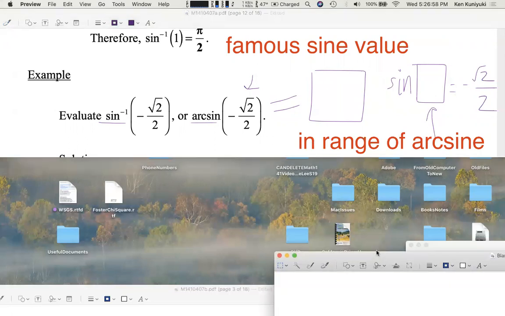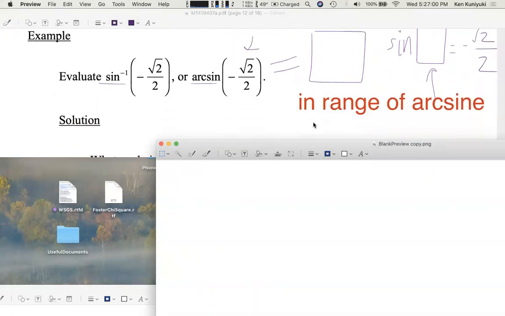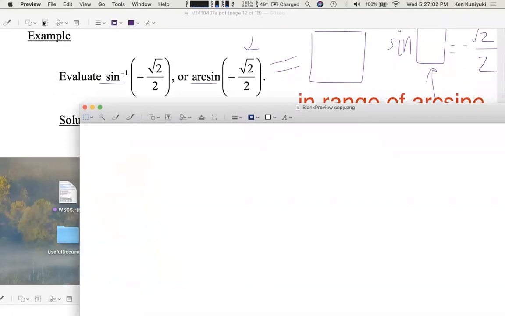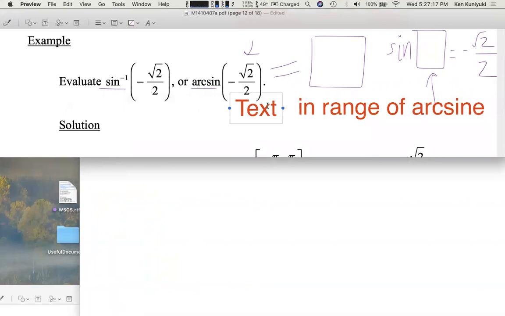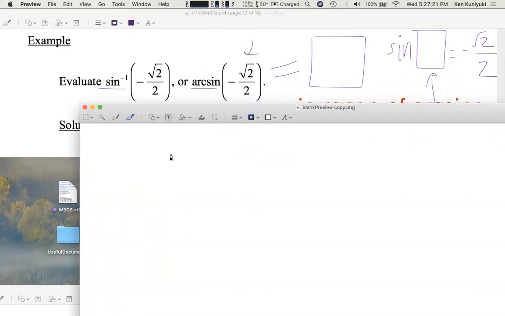Okay, so let's start to figure this out. Now, we want an angle whose sine value is negative root 2 over 2. But that negative sign makes things a bit more difficult for us. So instead, why don't we do this? The answer is not going to be quadrantal, because negative root 2 over 2 is not the sine value for a quadrantal angle.